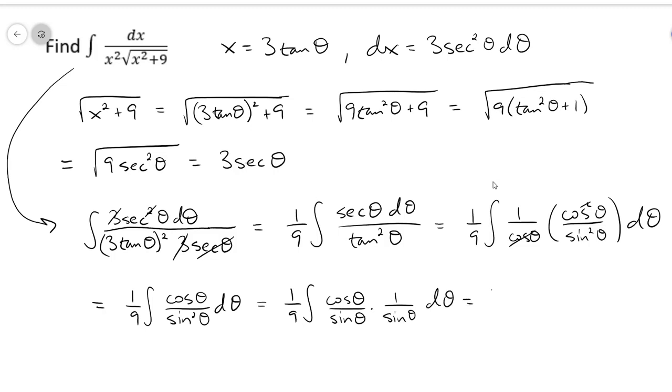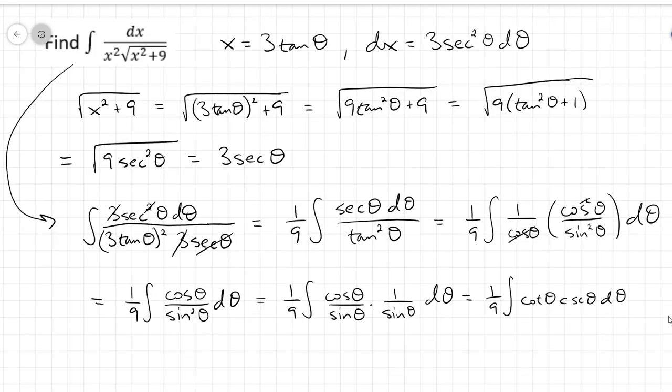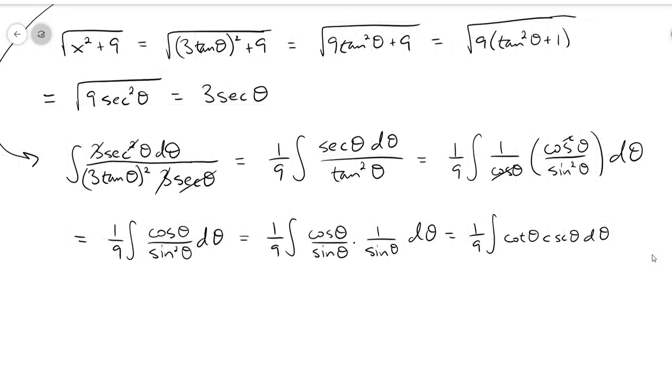And then just realize that this is the same as cotangent times cosecant, and we should hopefully recognize that as one of our 6 pretty easy trig antiderivatives. It's just negative cosecant. So we get negative 1/9 cosecant theta plus some constant.